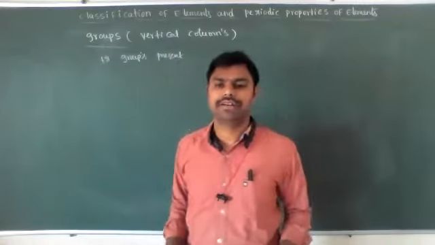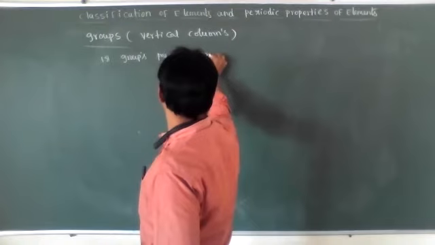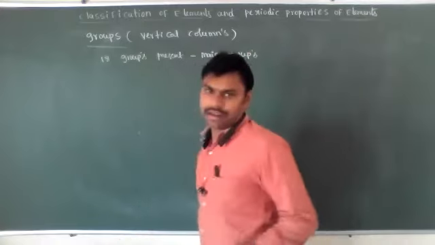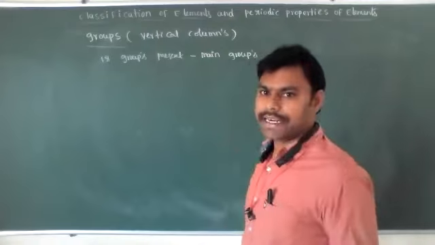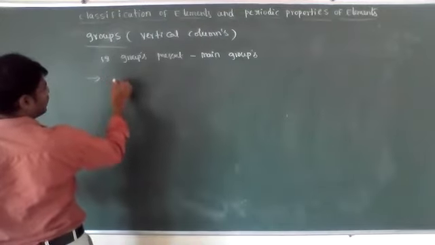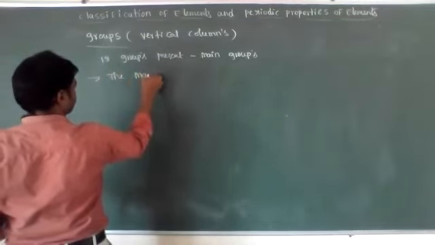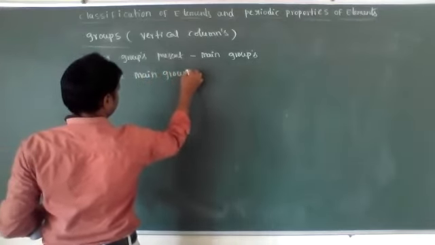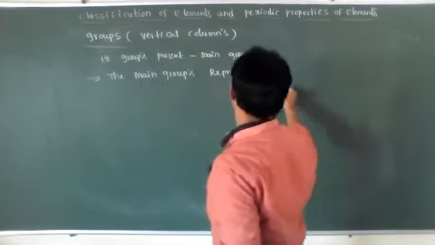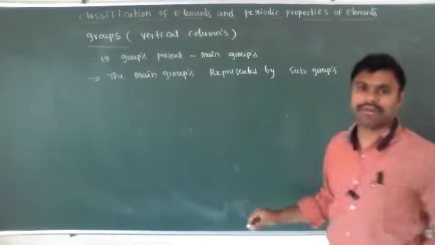These 18 groups have some notations. These 18 groups are called main groups, and these main groups are also represented by subgroups, that is, in Roman numbers.